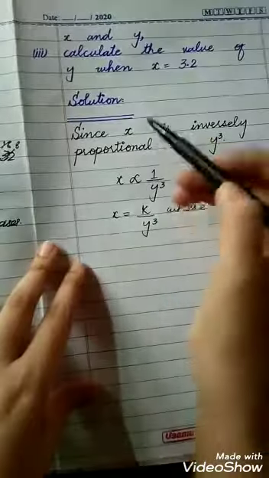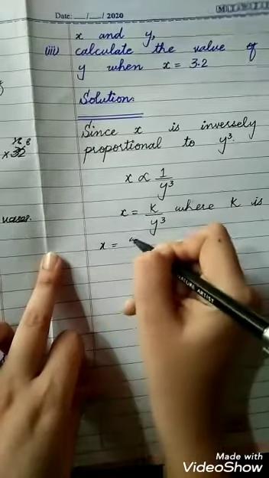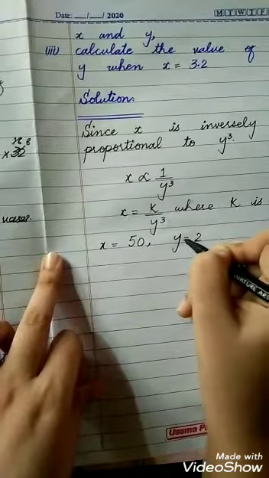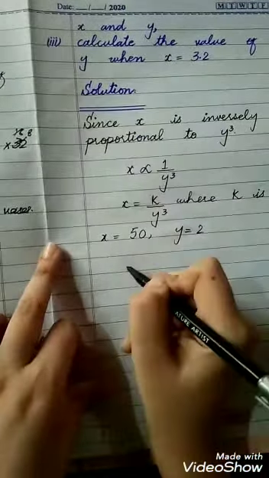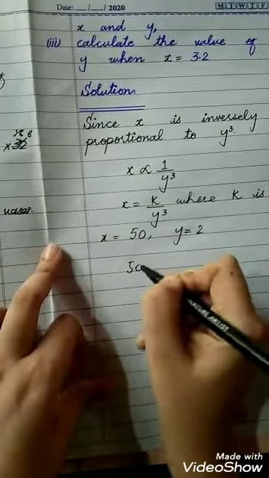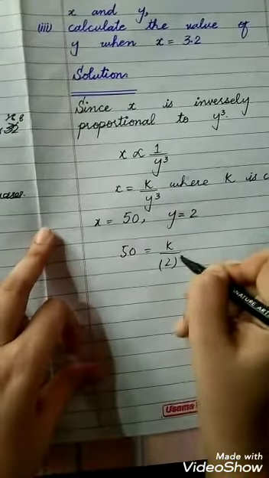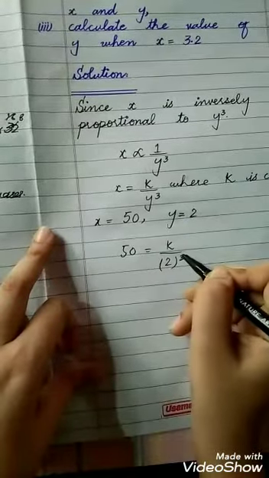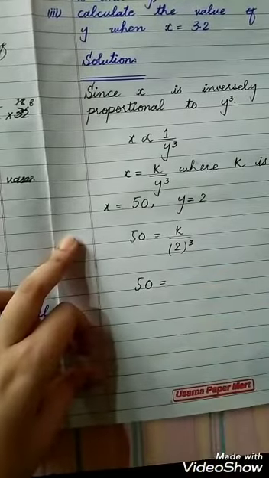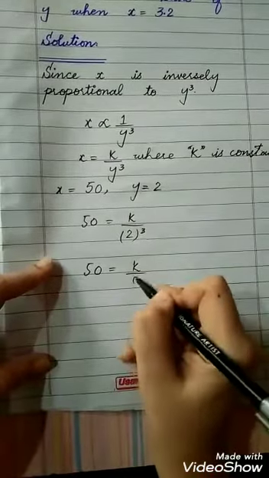Now students, we have x and y values. x is equal to 50 and y is equal to 2. We will place these values in this equation. We have to find the k value. y is equal to 2 to the power 3 because it's y cube, so we will take its cube now. 50 is equal to k by 2 cube, and 2 cube is equal to 8.